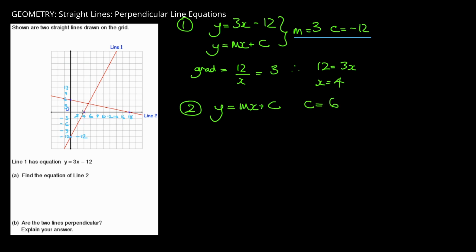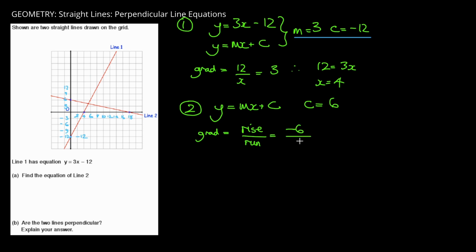Now we've got to work out the gradient. The gradient is clearly negative, and they've given us a big hint to the points we should look at, and they are this point here where it crosses the y-axis, and this point here where it crosses the x-axis. So the gradient, if we go from here to here, our rise is a negative rise of 6, so we get negative 6.